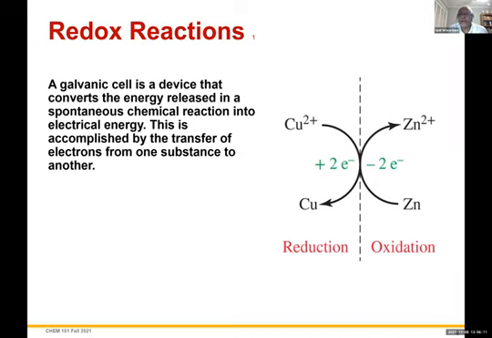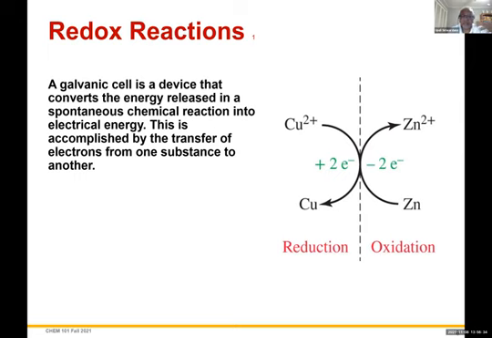The electrons are passed from the zinc anode to the copper cathode. Why am I saying copper is the cathode? Because reduction is made there. Zinc is the electrode where oxidation happens. We're going to look into that.